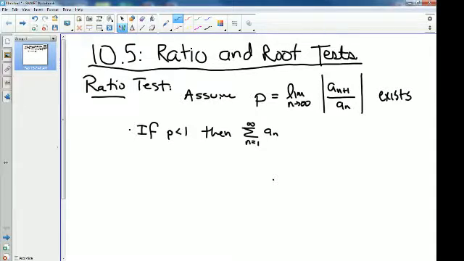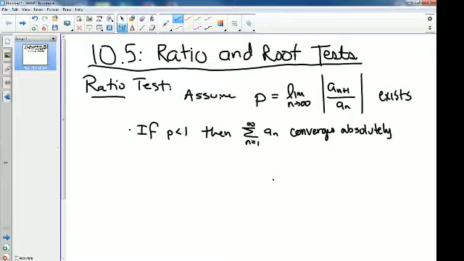Because it's absolute value, if it's less than 1, the bottom is bigger. So the nth term is bigger than the next term. So it's decreasing, and this converges. Not only converges, but it converges absolutely, which also means that it converges. Remember that.